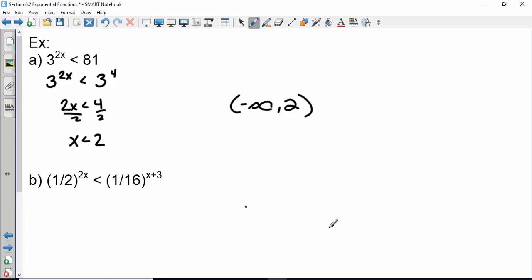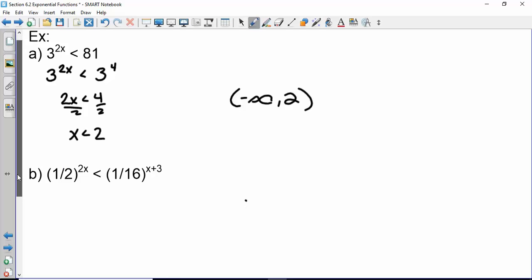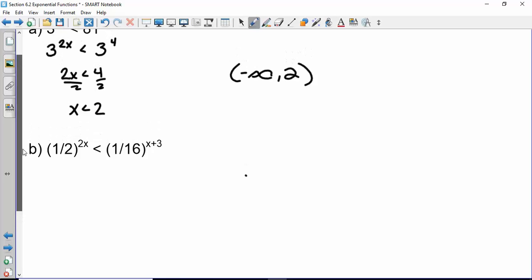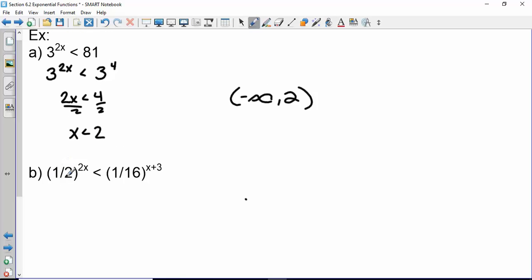So we have to be a little bit careful when we have fractions for the base. If at all possible, I like to first rewrite them so it's a whole number instead of a fraction. So what could I change 1/2 to? 2 to the negative 1.